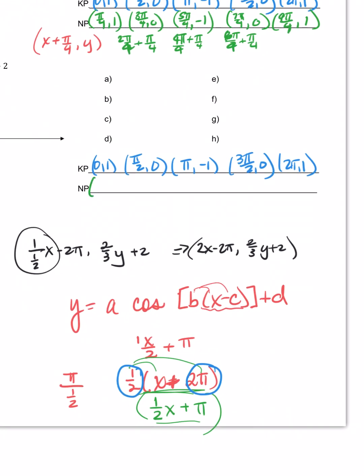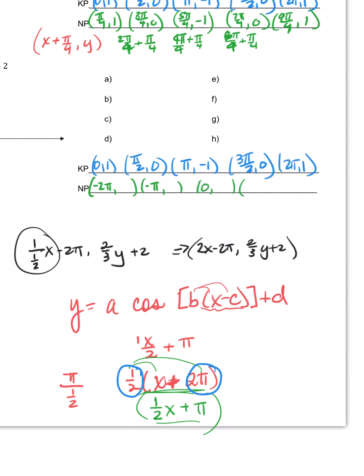Let's look at our x's first. So if I take x, 2 times 0 is 0, minus 2 pi would make it -2 pi. Pi over 2 times 2x would be pi. Minus 2 pi makes it -pi. 2 times pi is 2 pi, minus 2 pi is 0. That was easy.